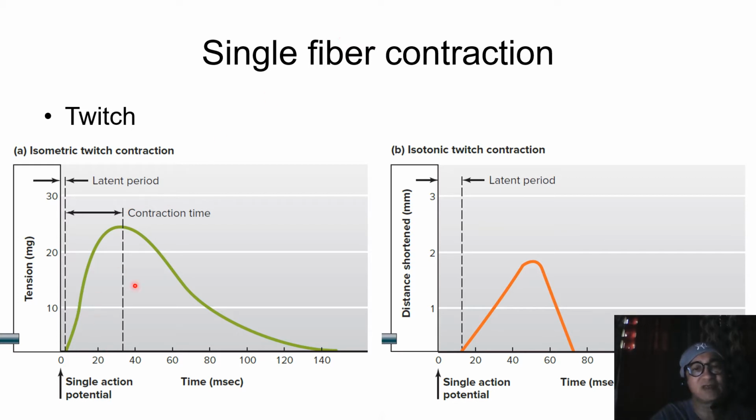In the isometric twitch, the tension begins to increase as soon as the first cross bridges attach. So the latent period is due only to the excitation-contraction coupling delay.